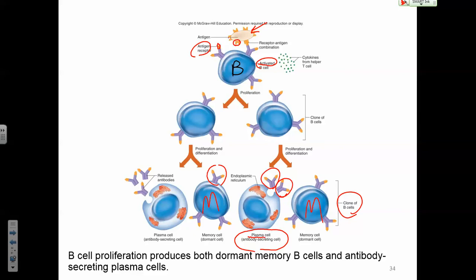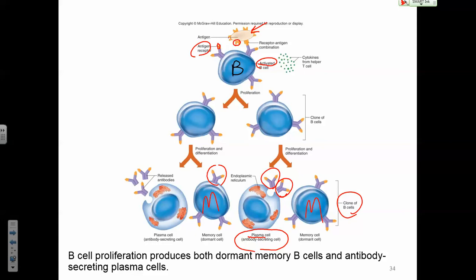So if I ask you what cell makes antibodies, you're correct in saying a white blood cell. You're more correct in saying a lymphocyte. You're more correct in saying a B lymphocyte, but you're most correct, or most specific, I should say, when you say a plasma cell. So a plasma cell is a B cell that is actively releasing antibodies.